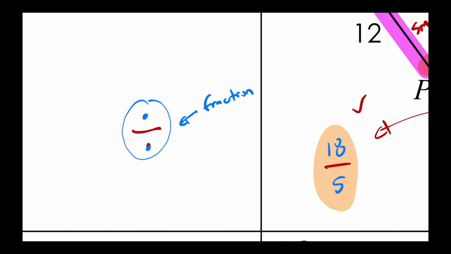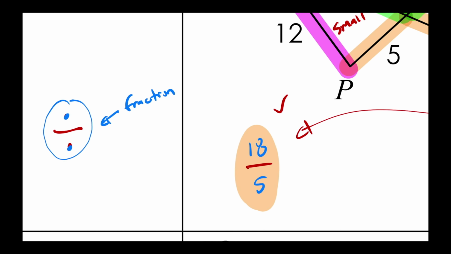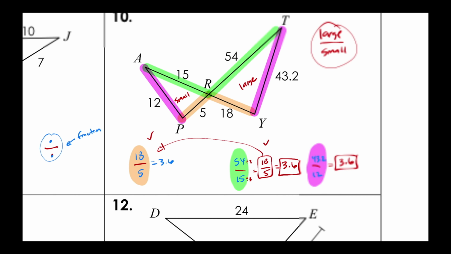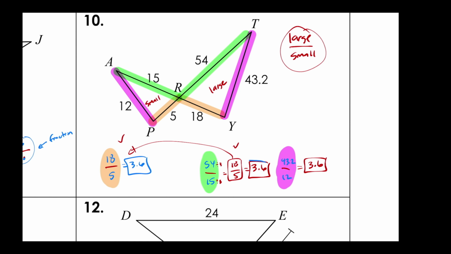Some of you are like, what? Wait, what? My mind is blown. Yes, that's why the division sign is like that, because it just means a fraction. And so a fraction is division. Top divided by bottom. So let's do that. 18 divided by 5. We get 3.6. So if we look here, we have 3.6, 3.6, 3.6.